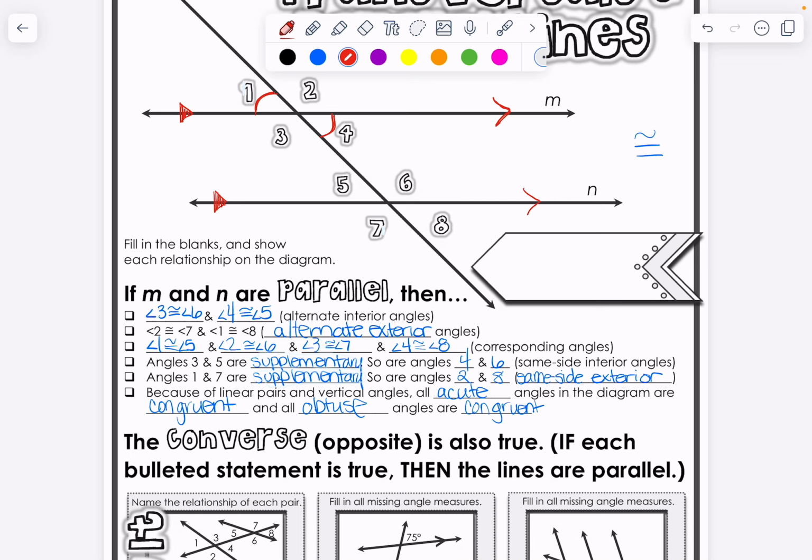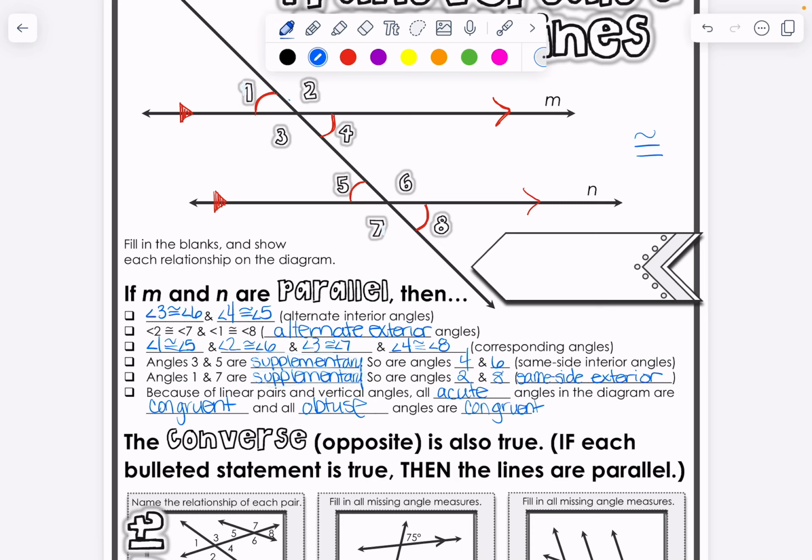Angle 1 corresponds to angle 5, and because M and N are parallel lines, corresponding angles are congruent, which also tells me that angle 4 corresponds to angle 8 and is congruent with it as well. This is also a good example to show that alternate exterior angles end up being congruent, as well as alternate interior angles. And all of our obtuse angles are also congruent.